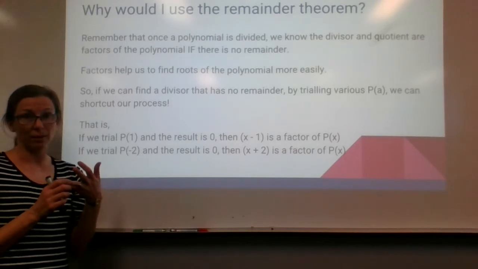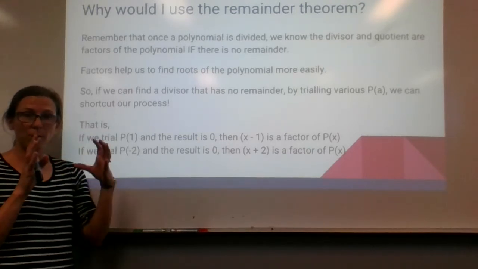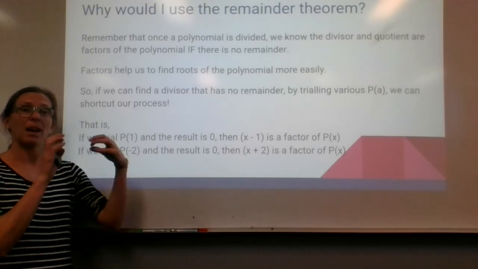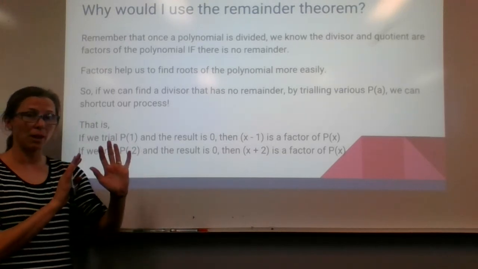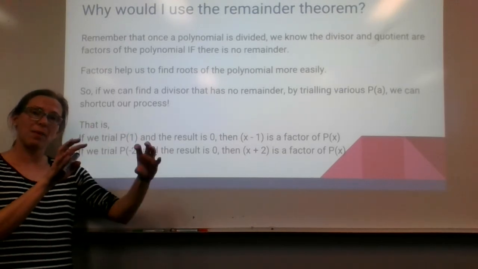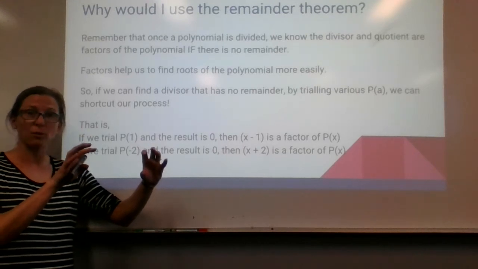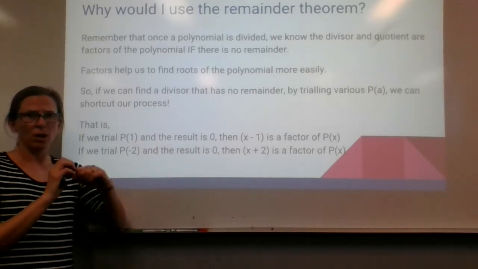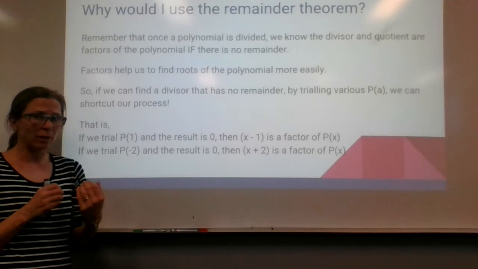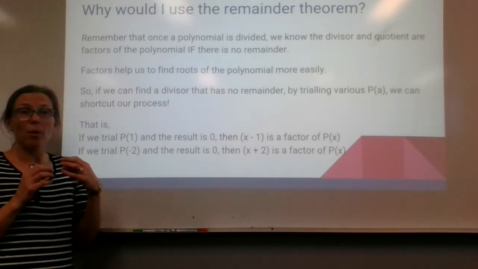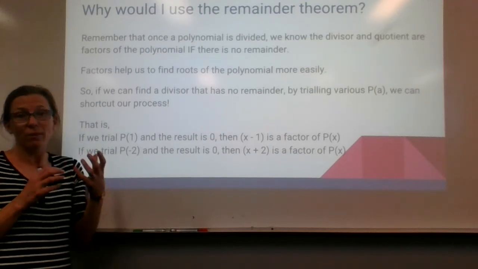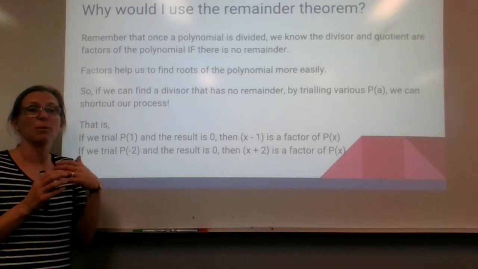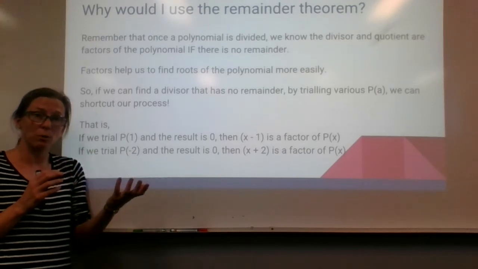So if I start with a polynomial and divide it by something and get a quotient but there's no remainder, then the divisor and the quotient must both be factors of the original polynomial. When we did quadratics, one of the main reasons for taking standard form and factorising it was to get factored form.